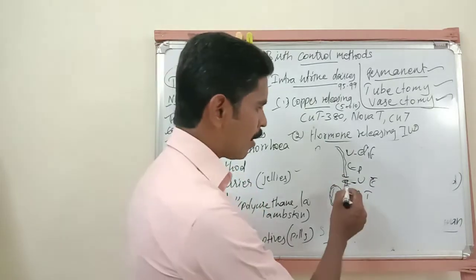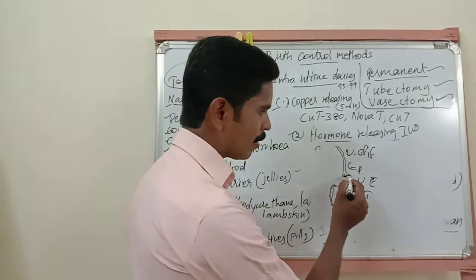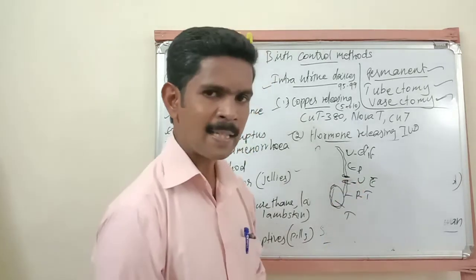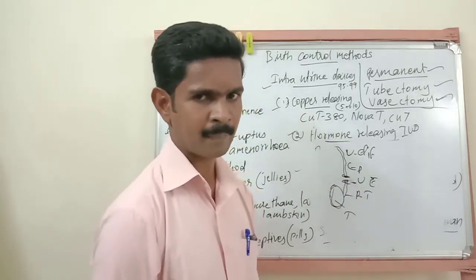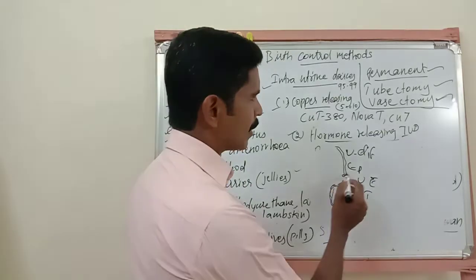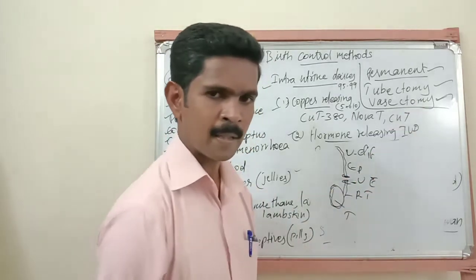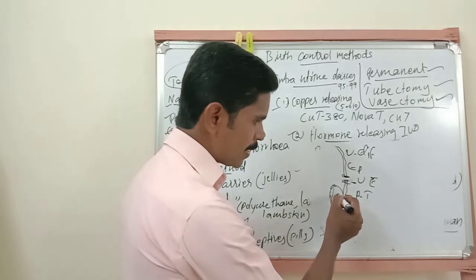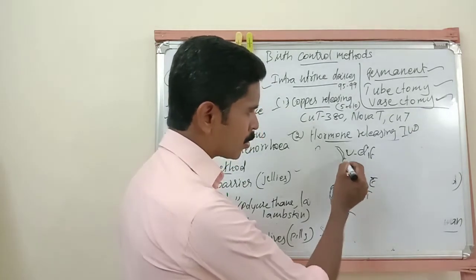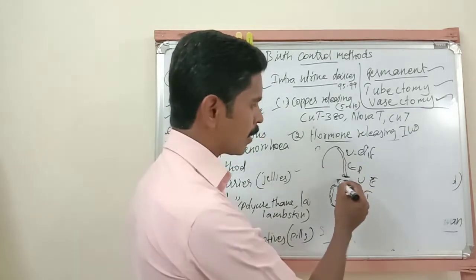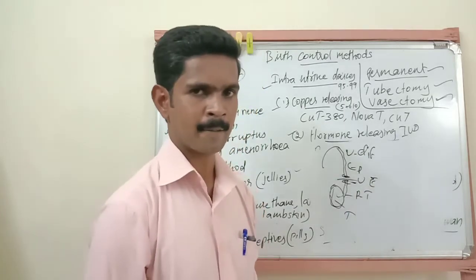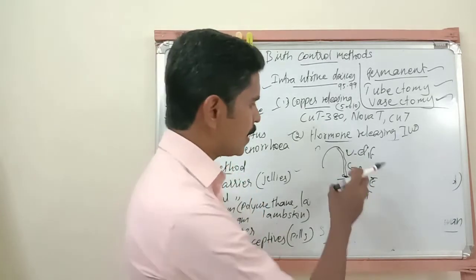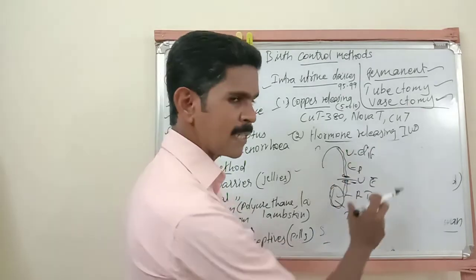So a small knot-like structure is made on both ends of the cut vas deferens. This method is called vasectomy. So the sperm produced inside the testis is unable to come outside. It is blocked here. Understand? So this type of method is mostly used.